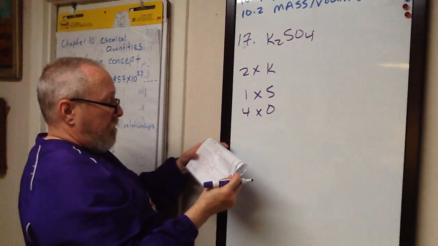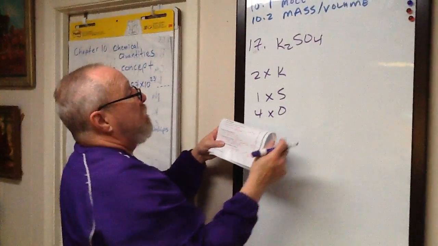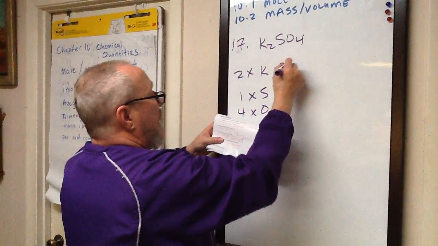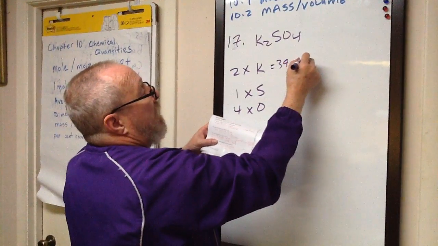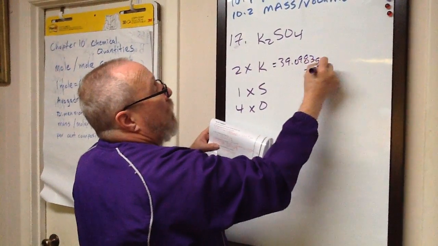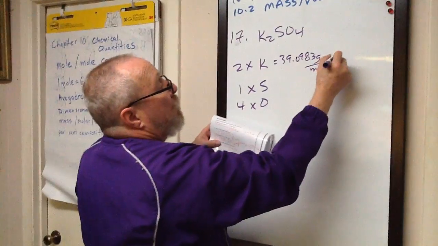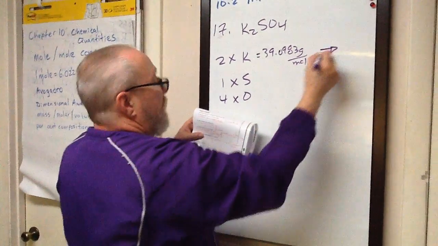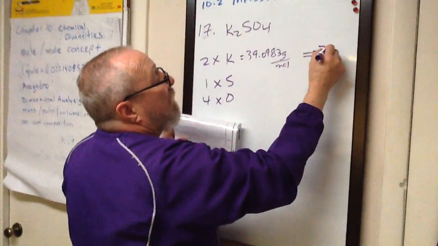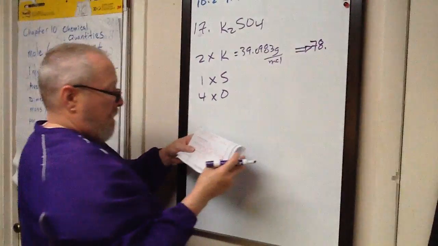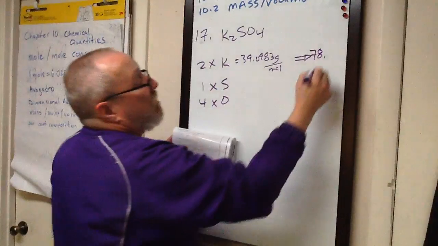So, potassium is 39.0983 grams per mole. So 2 of them would give me 78.1966.